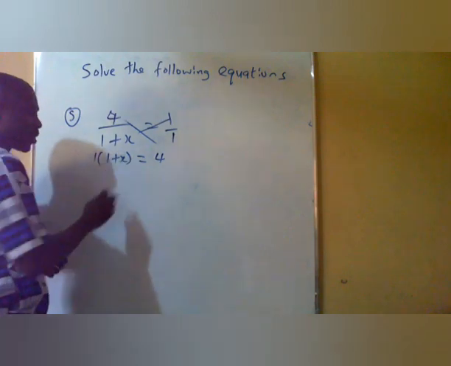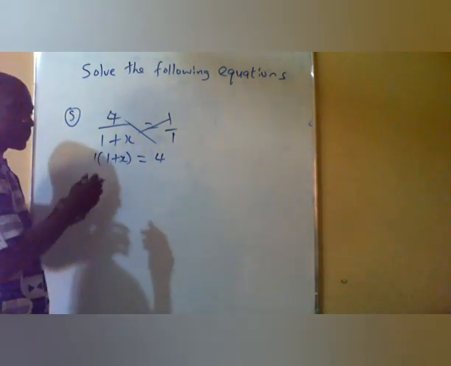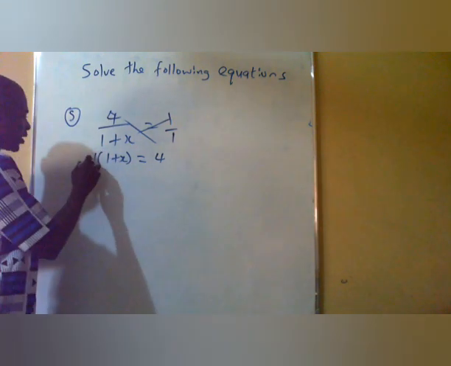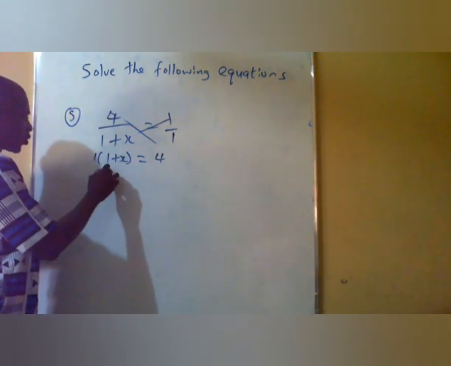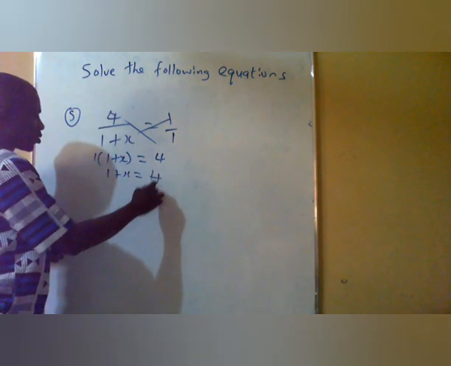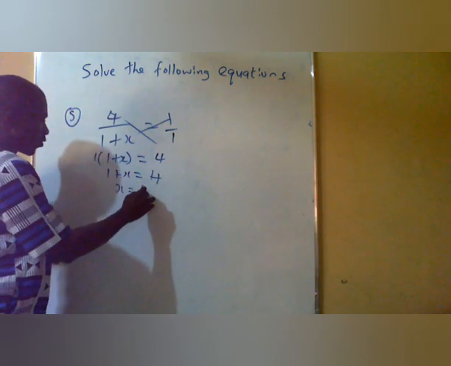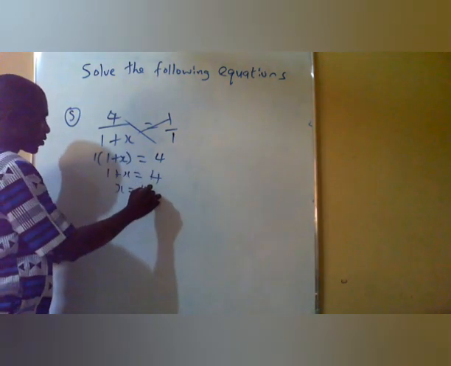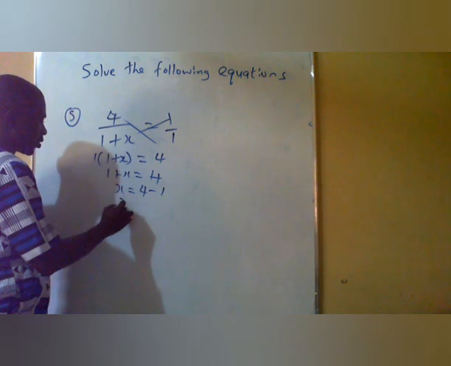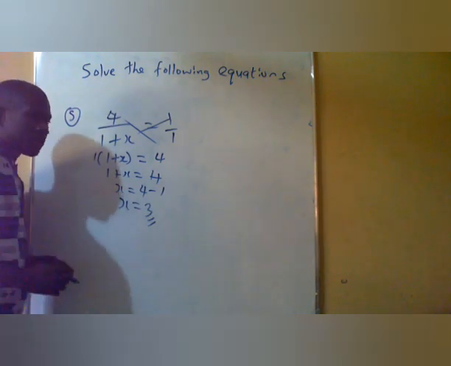When you open the bracket, whenever you multiply 1 with any number, you get the number itself. But in this case, 1 times 1 is what? 1. 1 times x is what? x. So it equals 4. So x, we collect like terms. So 4, when this one crosses over to the other side, becomes minus 1. So x is equal to what? 3. So that becomes our final answer.